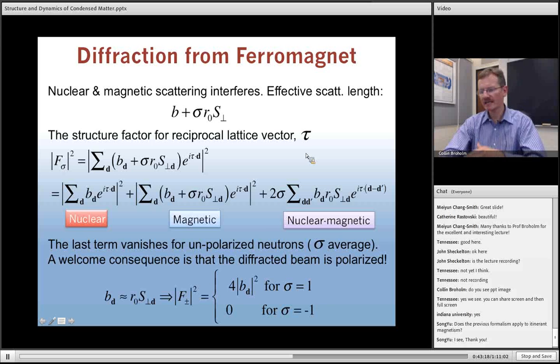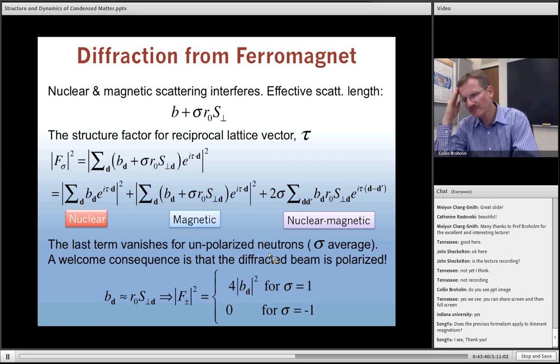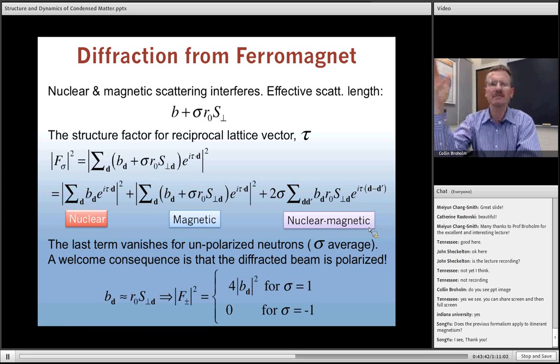So in the case of an unpolarized beam, I'm actually going to just end up getting the sum of the nuclear and the magnetic scattering parts. Those will just end up adding up like that. Now, in the case where there is, however, an important consequence of this, which is that the diffracted beam will actually end up being polarized.